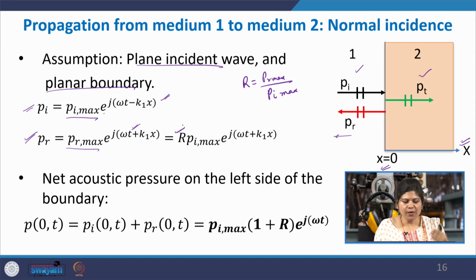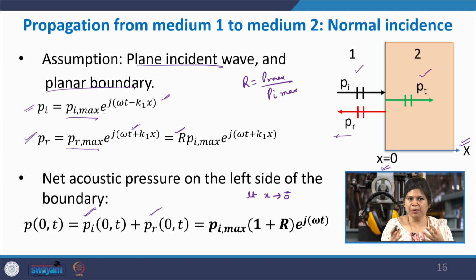Now, let us see what is the net acoustic pressure just on the left side of the boundary, in the limit x tends to 0 negative. Just on the left side of the boundary, what is the total acoustic pressure present? You simply sum up, because acoustic pressure is independent of the direction of the wave; it is a scalar quantity.